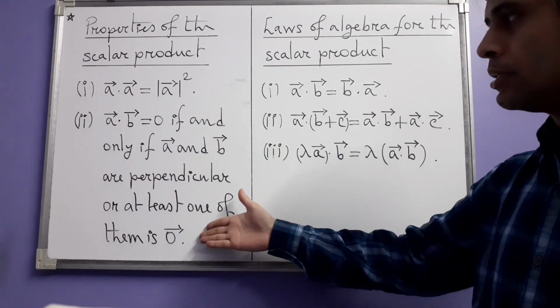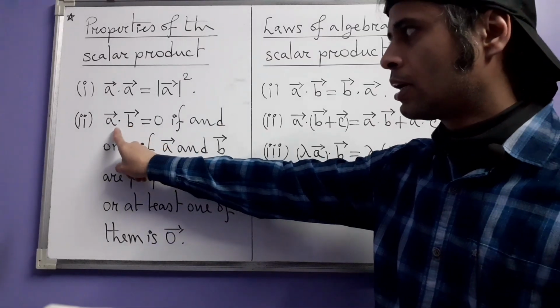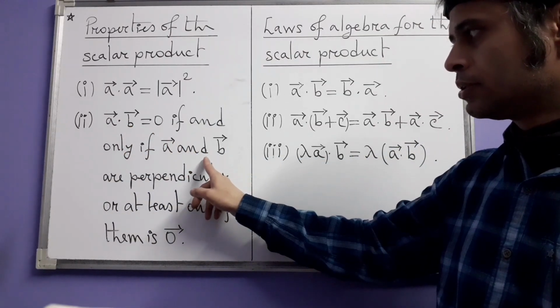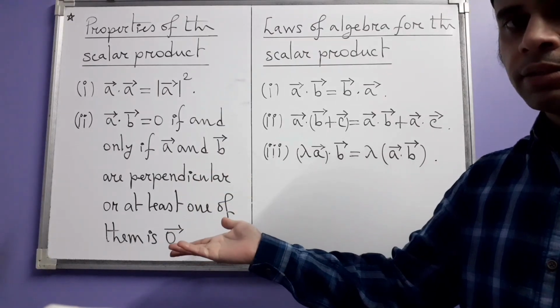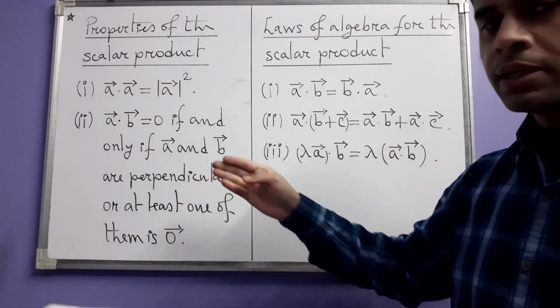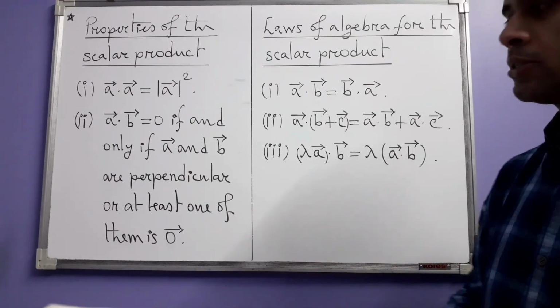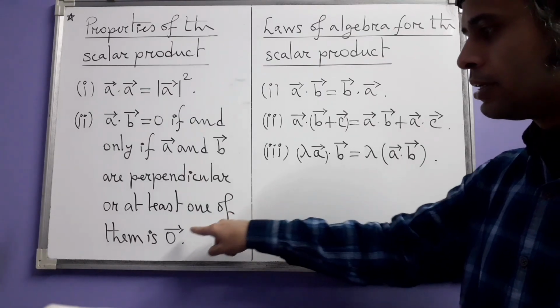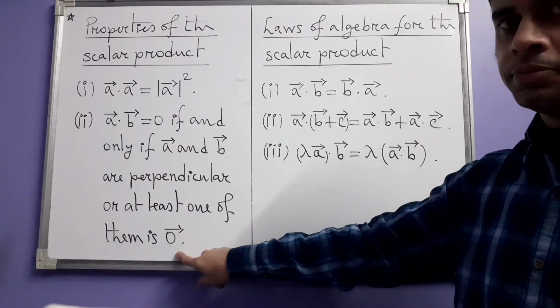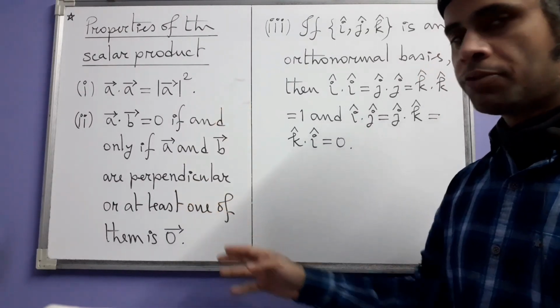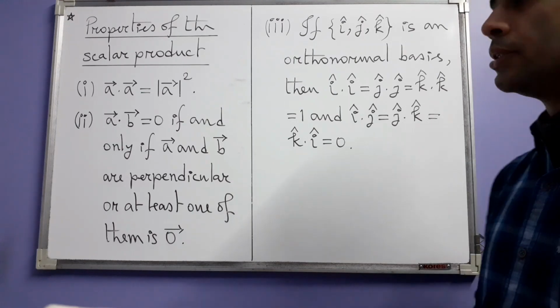And in this second one, the scalar product of two vectors is 0 if and only if they are perpendicular, and of course you understand that in this case both are non-zero, otherwise them being perpendicular does not make sense, or at least one of them is 0. Just like this one, the proof of this one also follows immediately from the definition.